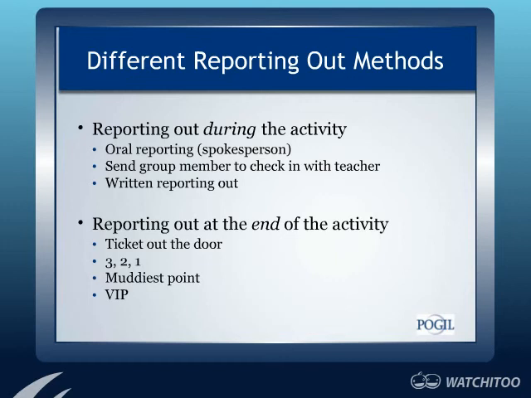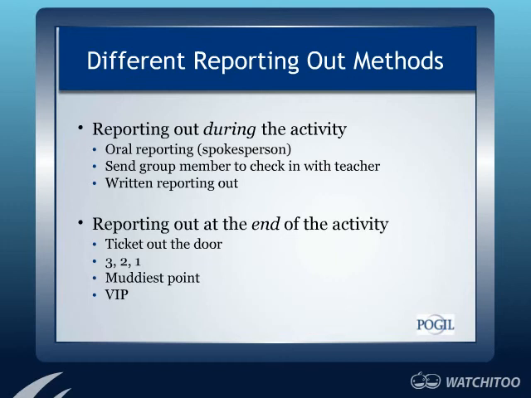You can use a specific role for this, like if you have a spokesperson role in your cooperative groups, or you can roll the dice and have all the student members on the groups on their toes. Another way is to request a specific group member to report directly to the teacher, so kind of checking in with the teacher for a designated question. And yet another reporting out method is to have the students share a written response with the class.